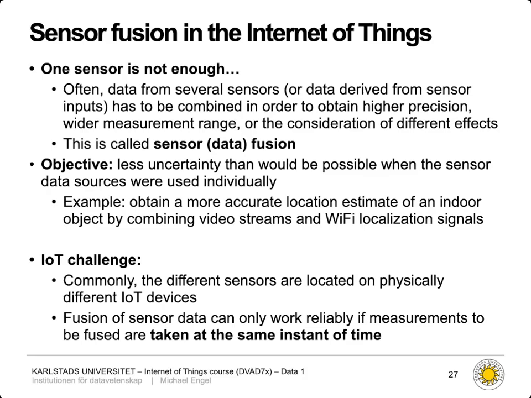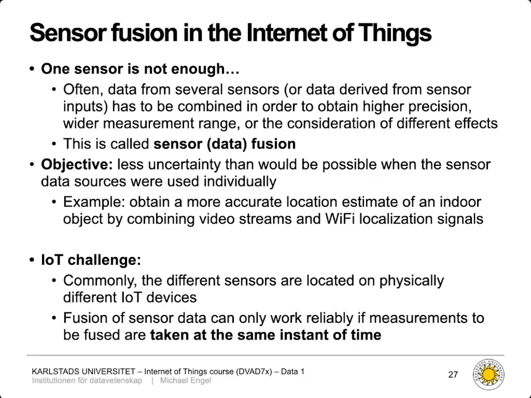The challenge in IoT is that it is a very distributed system, of course. We have very many systems that have to capture data, that have to send out data, and this data has to be combined. The different sensors of our system, which we want to fuse, are very often located on physically different devices. In order to fuse these into useful data, we need to assure that the data samples we're going to fuse were taken at exactly the same physical instant of time.